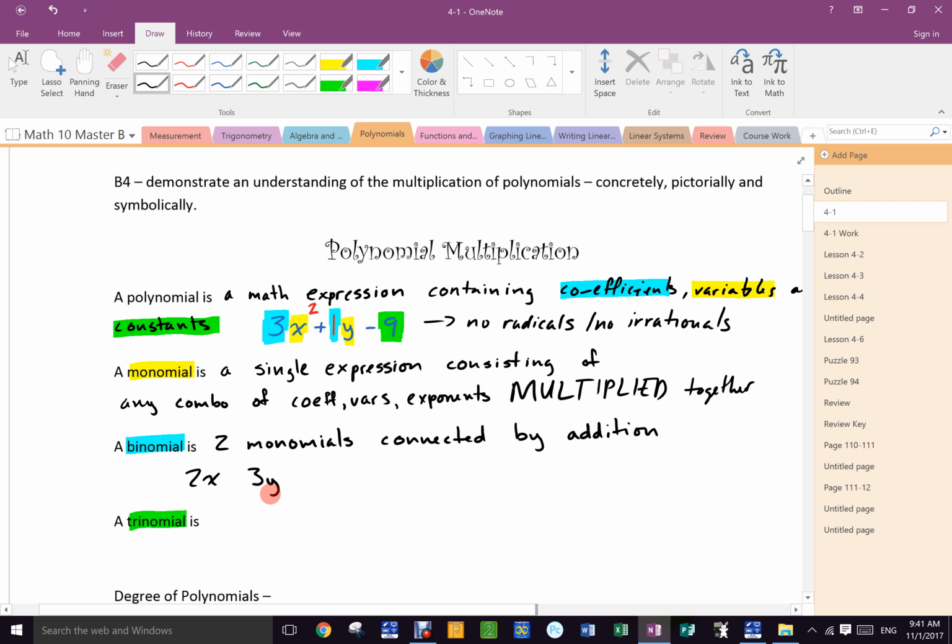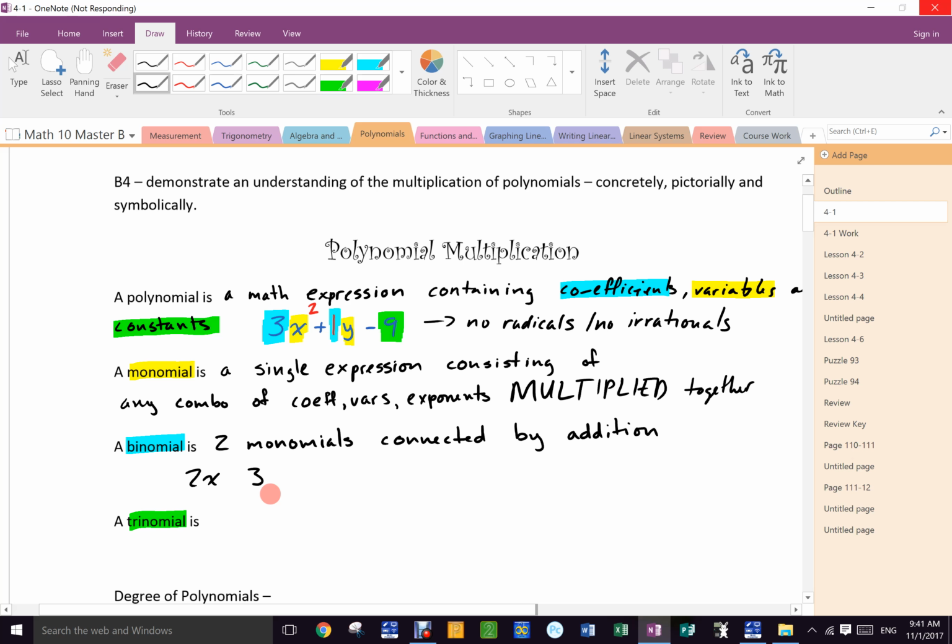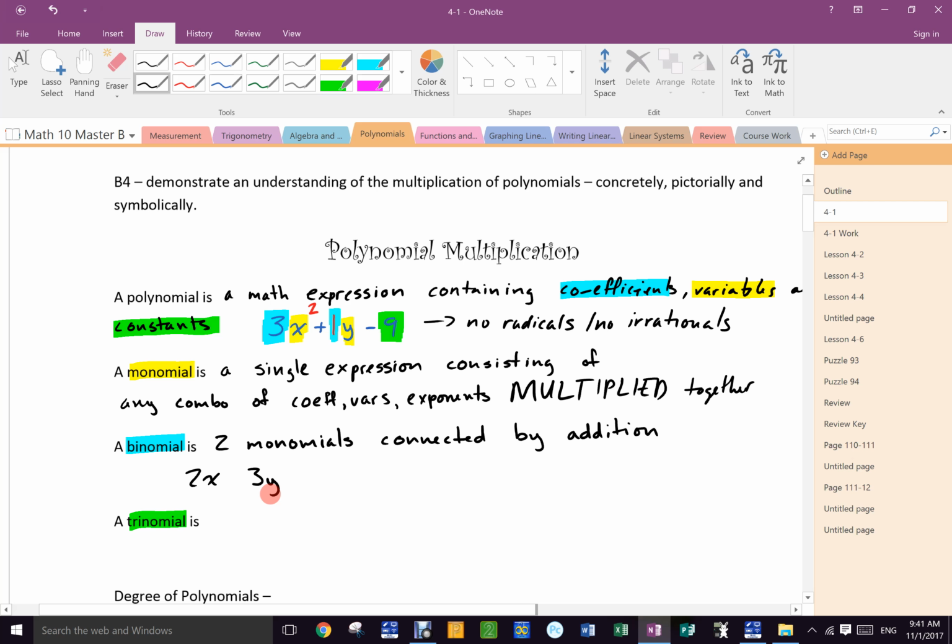How do I make that a binomial? I put a plus or a minus. Mr. Myers, you said it's addition. What is subtraction? Adding negative numbers. Doesn't actually exist. Everybody cool? You guys are smart kids.